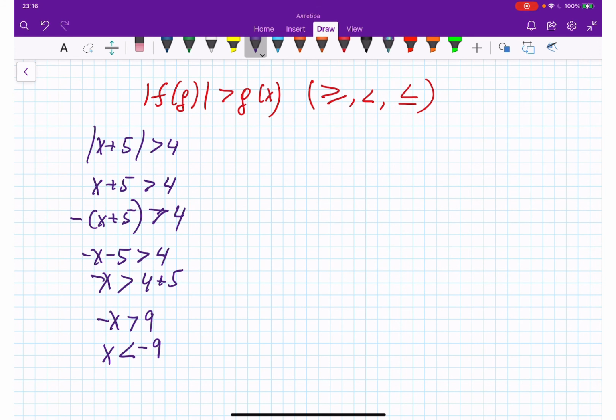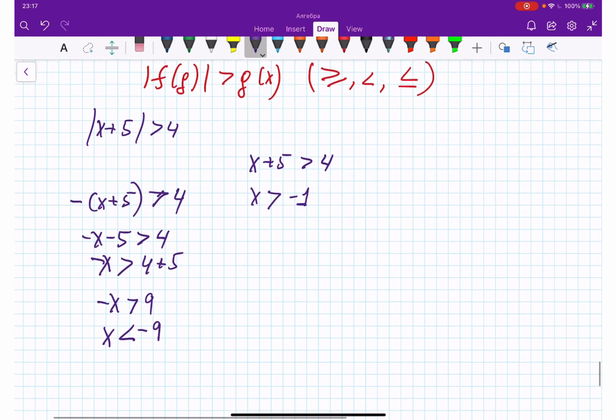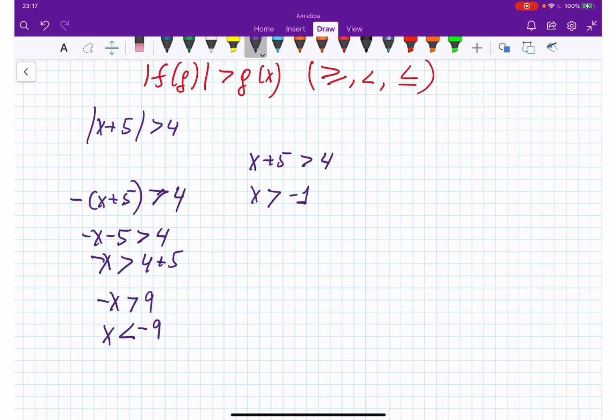And for this one, x is greater than negative 1. So the solution is going to be, look here, this is negative 1, this is negative 9.